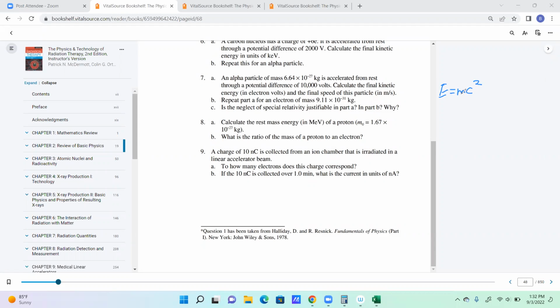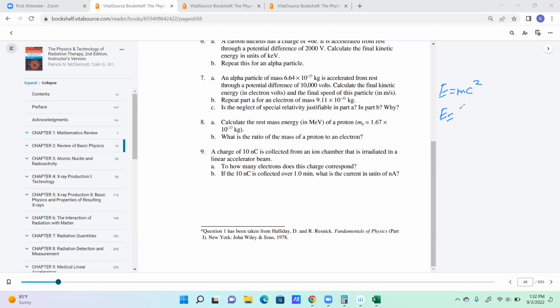We know what the mass of the proton is, and that will give us the energy. When technology works, it's really great.